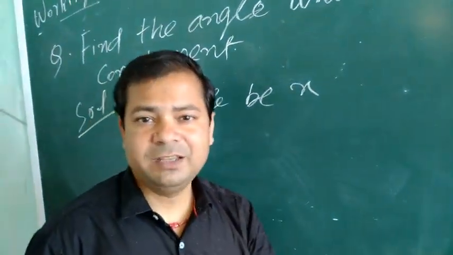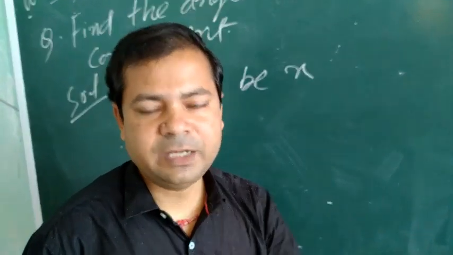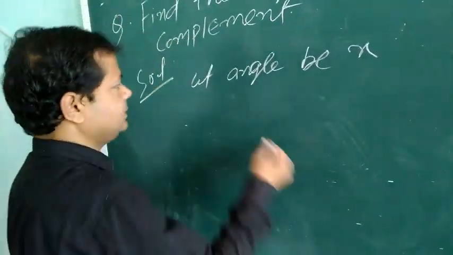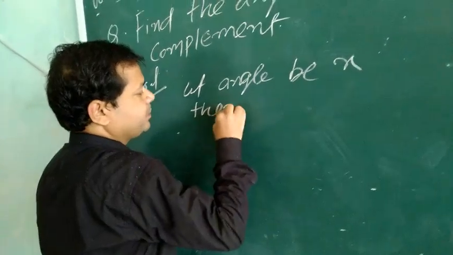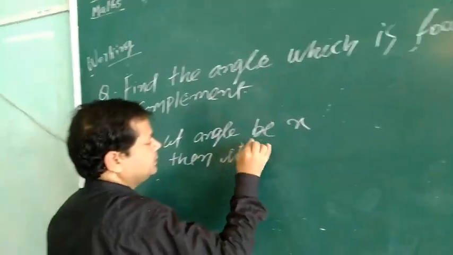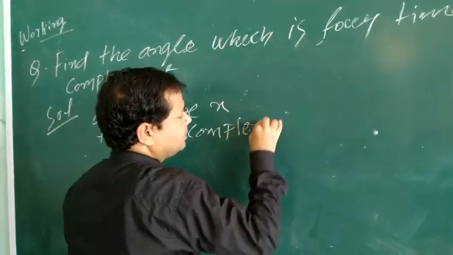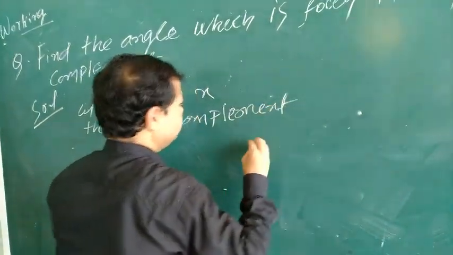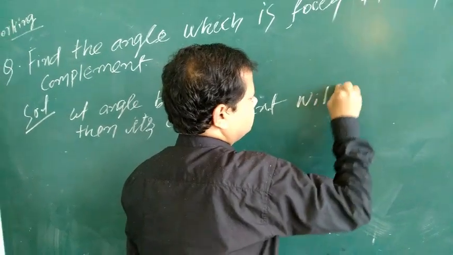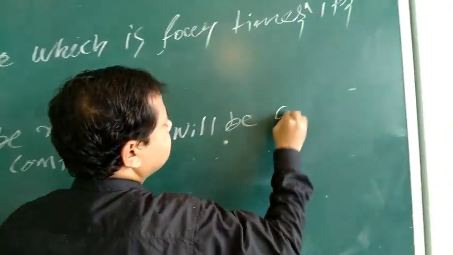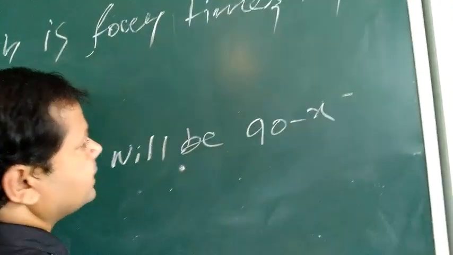We know that if the given angle is x, then its complement will be 90 minus x.